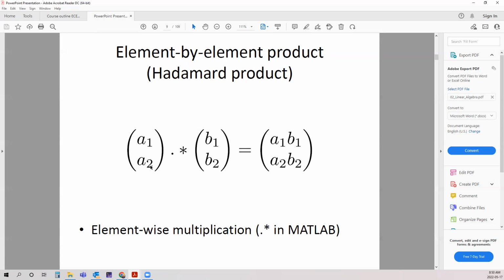If I have a1, a2 multiplied with a dot or star, it doesn't matter, then I get the first with the first and the second with the second, since they have the same dimension.